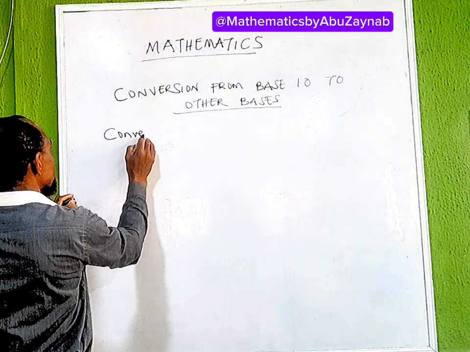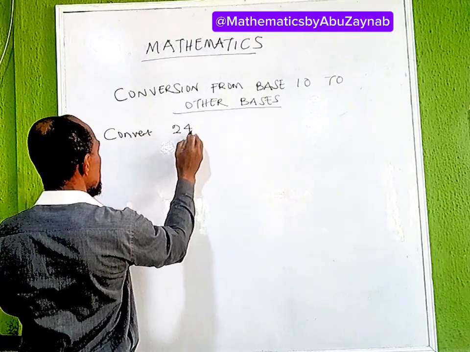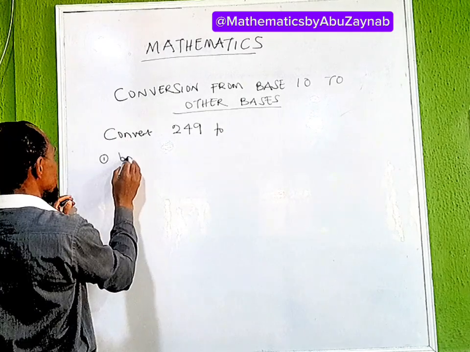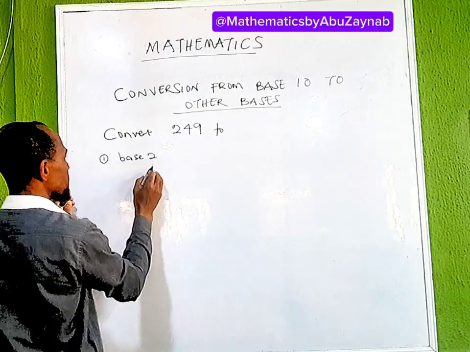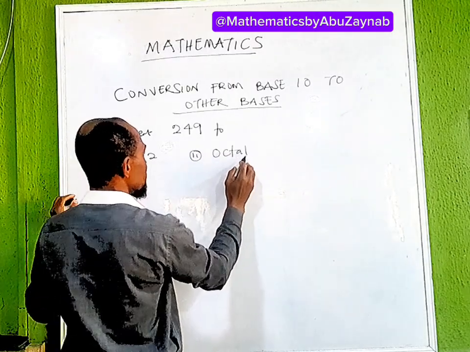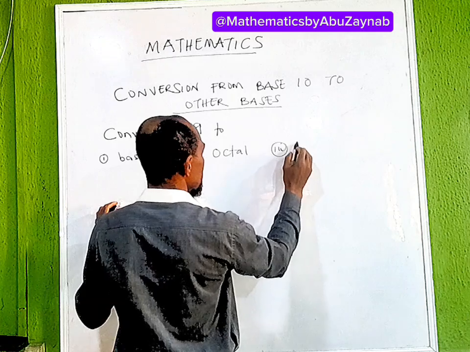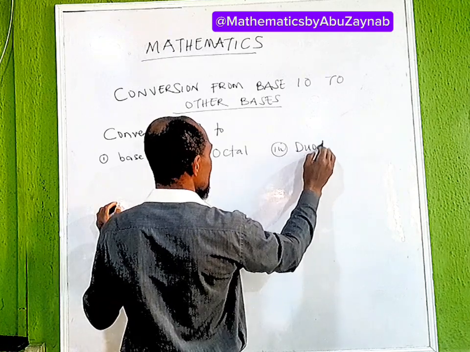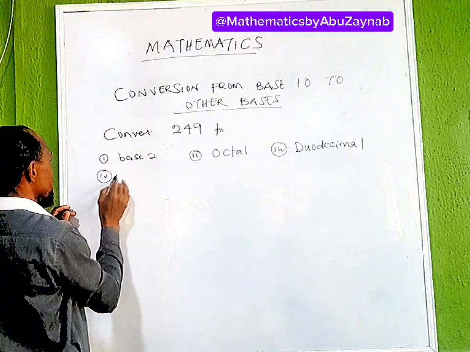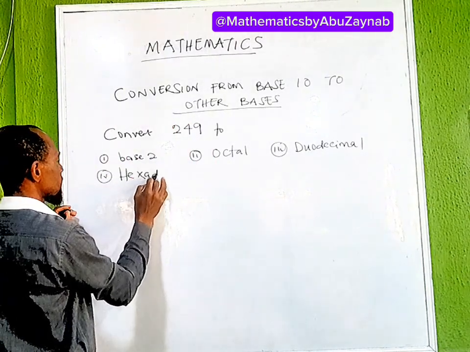Example, let's convert the number 249 to 1, base 2, that's binary; 2, octal, that's base 8; 3, duodecimal, that's base 12; and 4, hexadecimal, which is base 16.